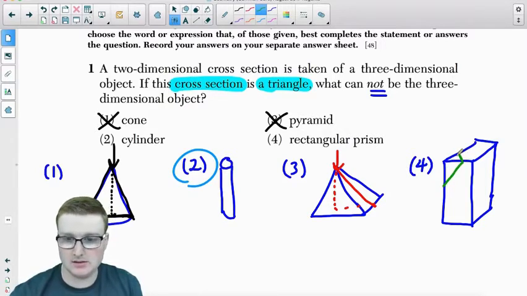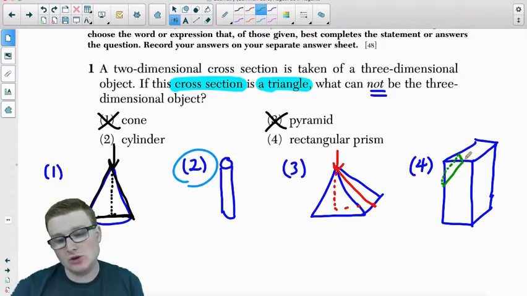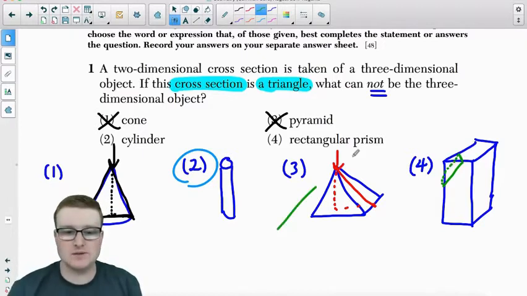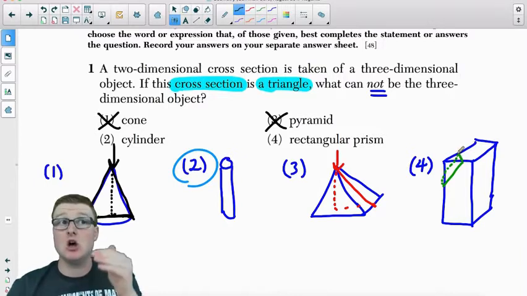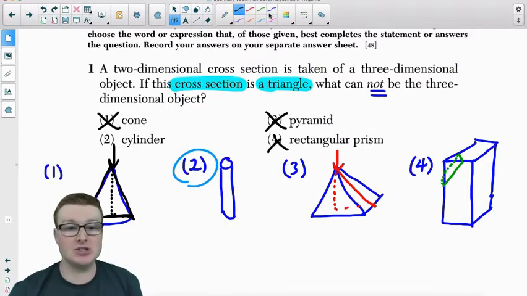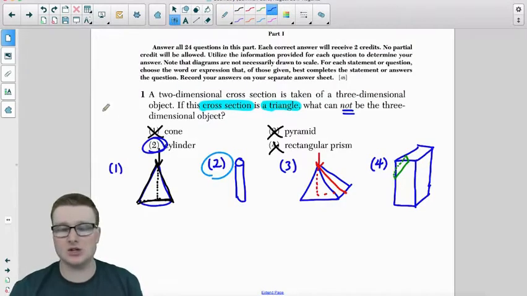Actually, what if I draw it like this? Draw like a dot on the back. There we go. You could kind of see the triangle coming off. It's better with the picture that I drew by hand. I can't draw with this for the life of me. But just trust me that if you cut it on one of its pointed edges, it actually does create a triangle. Your answer is choice 2, a cylinder. You cannot cut it any way and get a triangle.